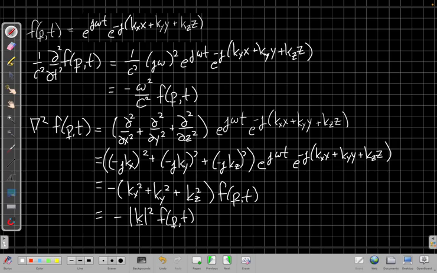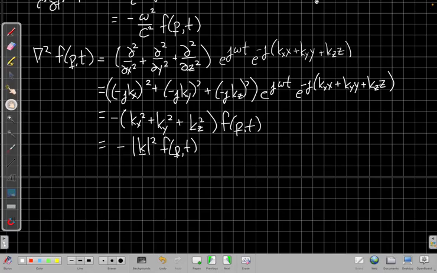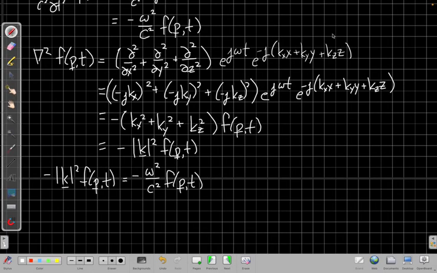I've now got the two sides of the wave equation and I can put them together. So let me make some space to do that. When I do that, I have my left side, the del squared, became this minus norm or magnitude squared of the k vector times f of p, t, and I have minus omega squared over c squared times f of p, t.